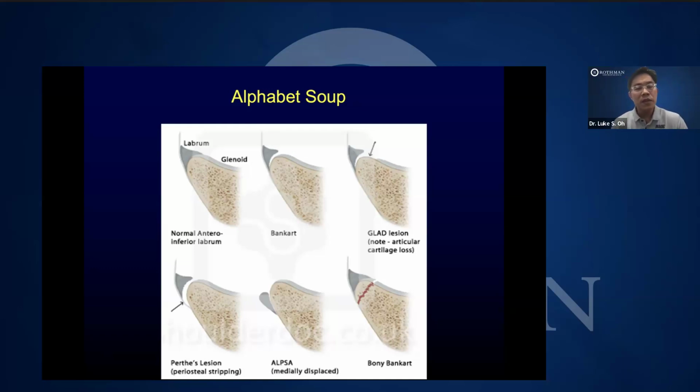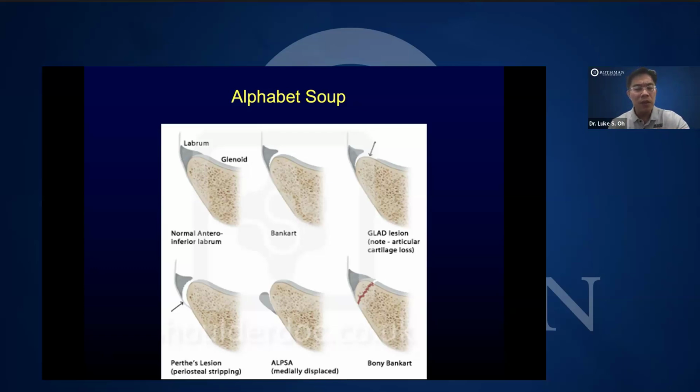On the upper left, there is a normal anatomy, the relationship between the glenoid and the labrum, and the classic Bankart lesion is just that the labrum has been torn. If you have a piece of articular cartilage that's also torn in addition to the labral tissue, that's referred to as a GLAD lesion: glenoid labral articular cartilage delamination.